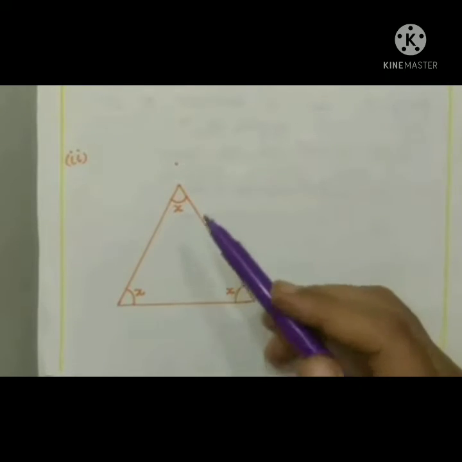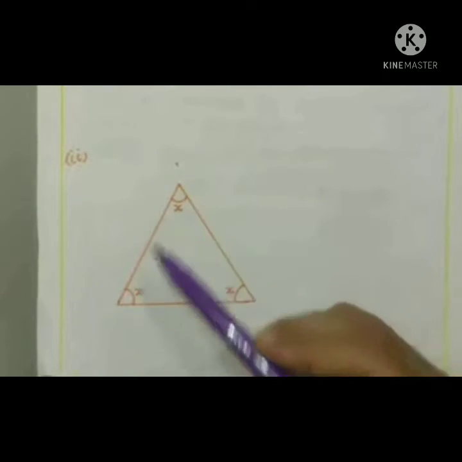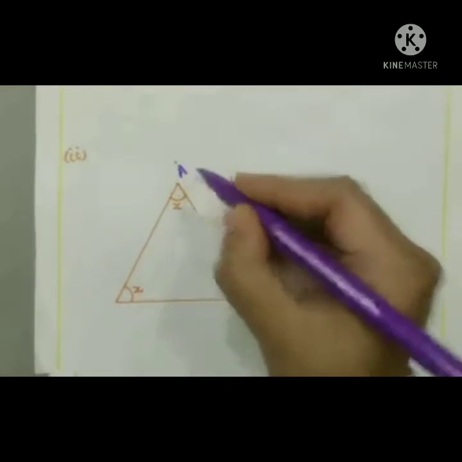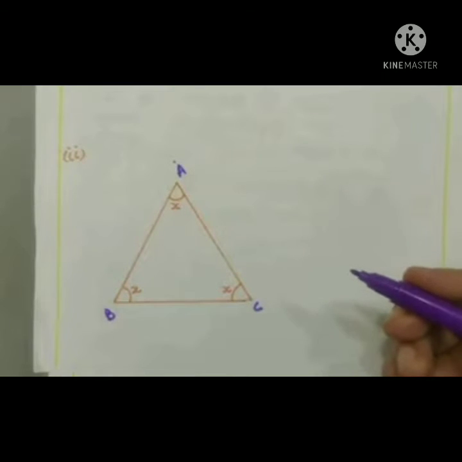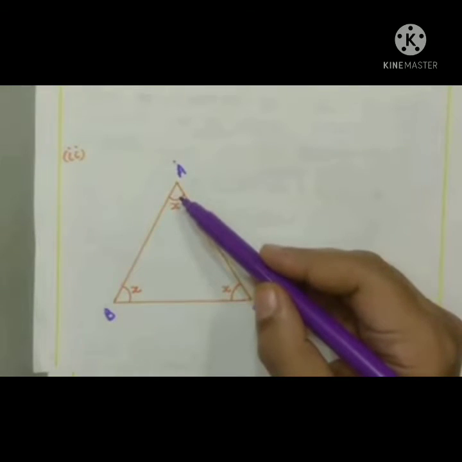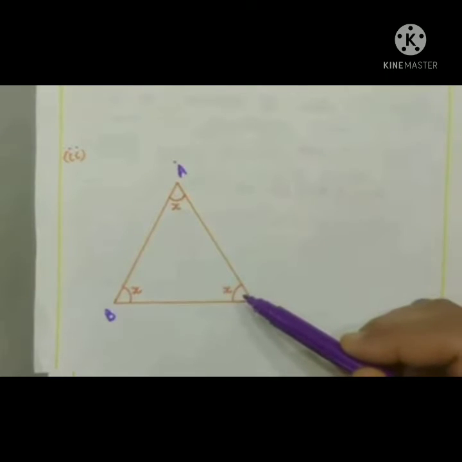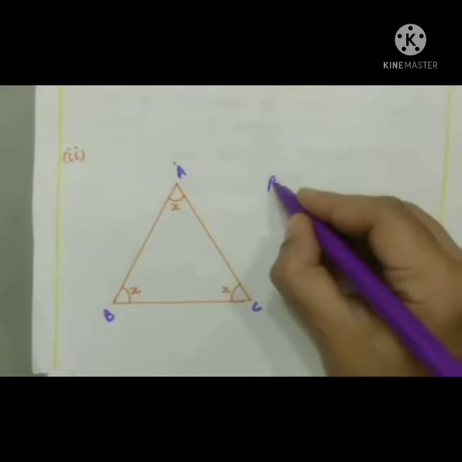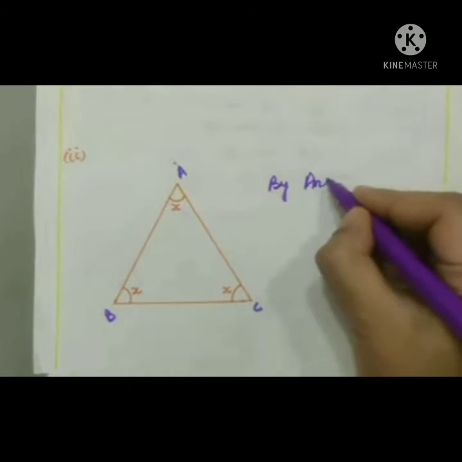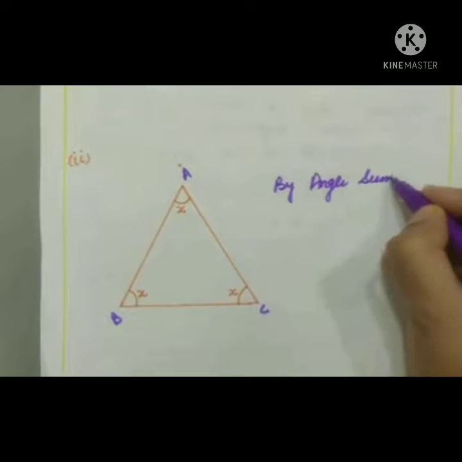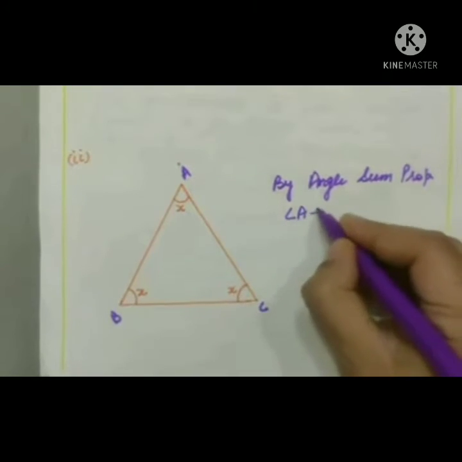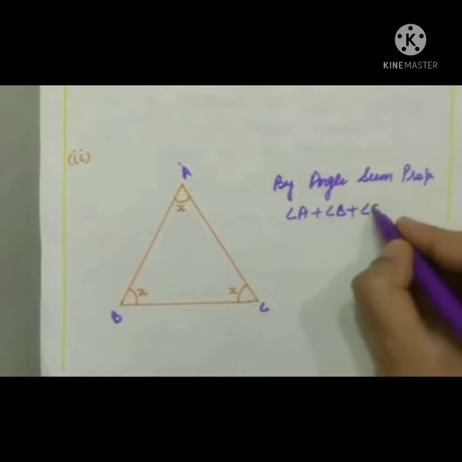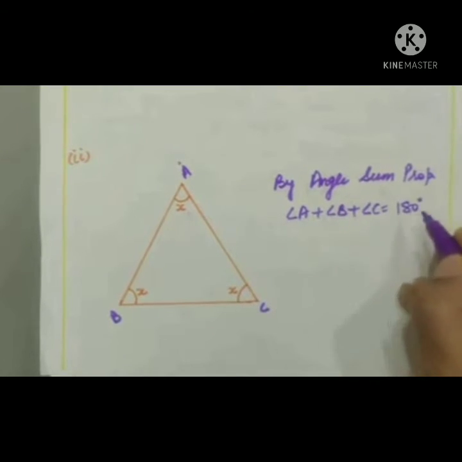Now we will solve the second part. In triangle ABC, let's give the names ABC. Here the name is not given, so we can take any name, ABC or PQR. So here each angle of the triangle is angle x and we have to find this unknown variable x. So again we will apply the angle sum property. By angle sum property, angle A plus angle B plus angle C is equal to 180 degrees.